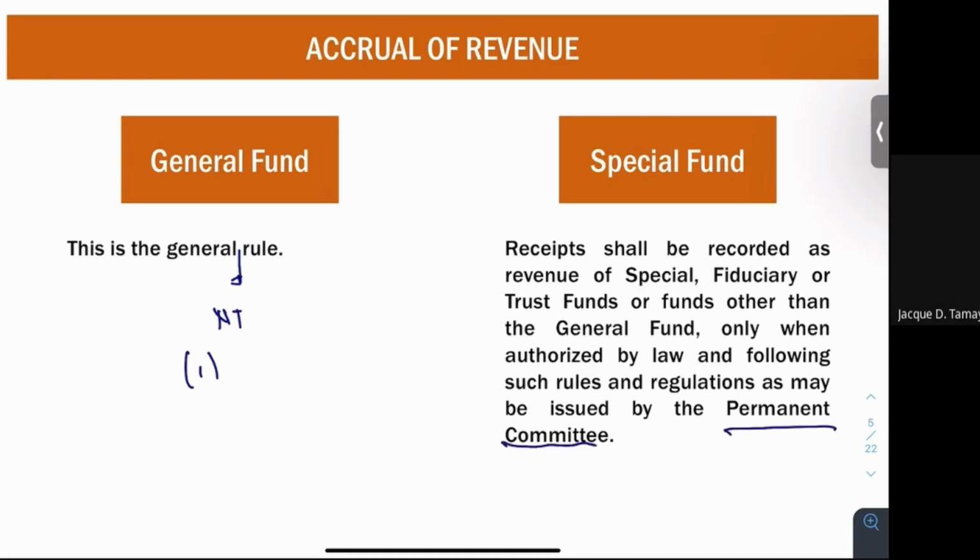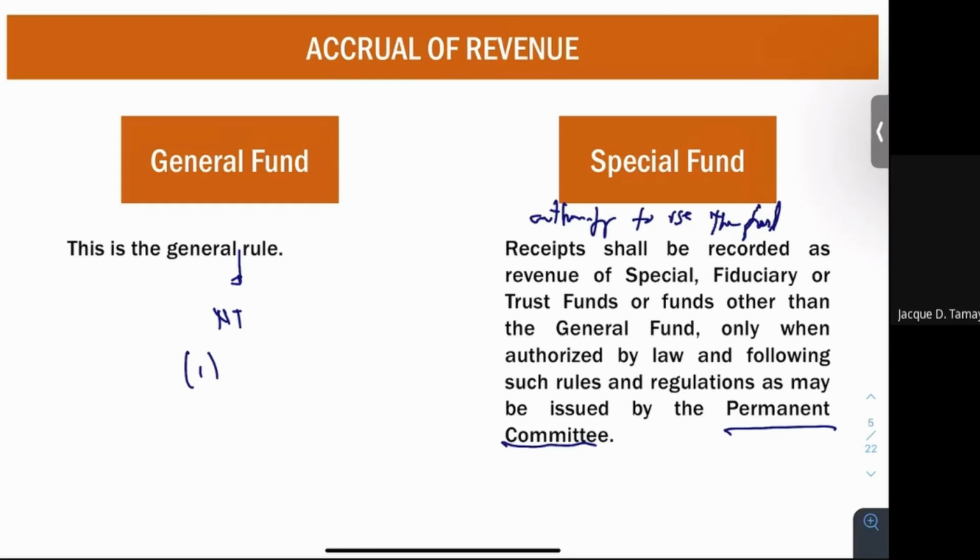And you already know that permanent committee. So with that permanent committee, you now have the authority to use the fund. It is with authority to use whatever is collected.